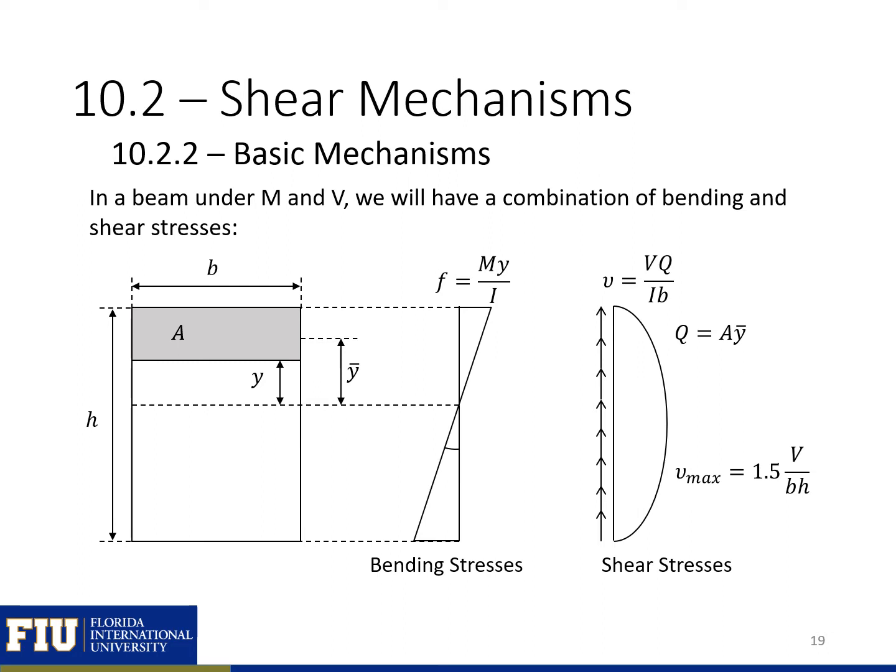On the next couple slides, we're going to walk through the basic mechanisms of how shear stresses are going to affect the behavior of our beams. So first, in a beam, when we have a combination of moment and shear, we're going to have a combination of bending stresses and shear stresses.